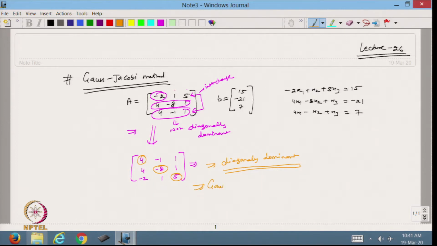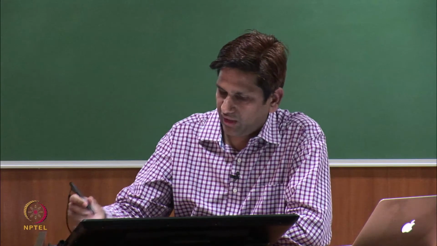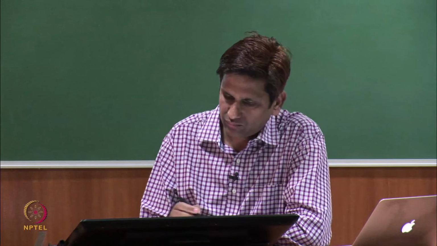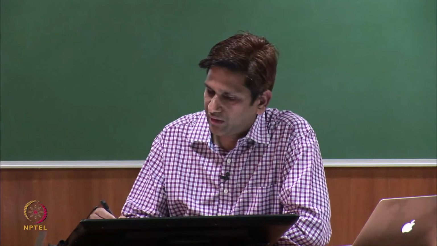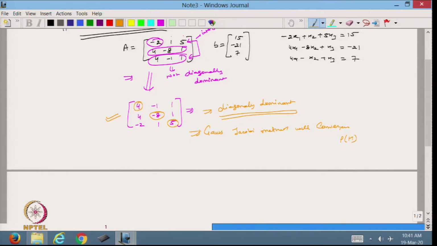So the Gauss-Jacobi method will converge, and if it converges, then as I told, the spectral radius will be less than 1 for the Gauss-Jacobi method, where my H is equal to minus D inverse (L plus U).